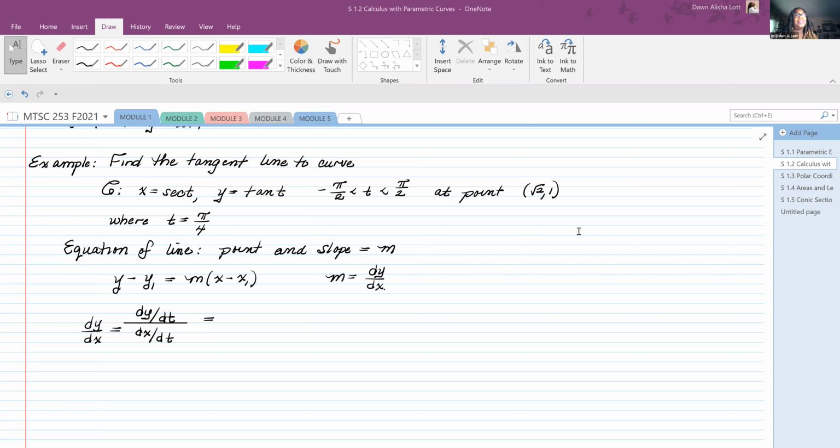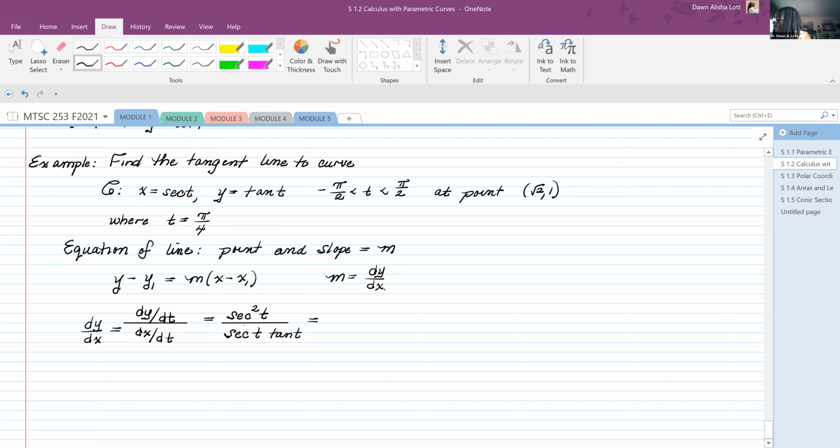Okay, so the derivative of the tangent is secant squared. Good. And then the derivative of the secant is secant x times tan x, so secant t tangent t.